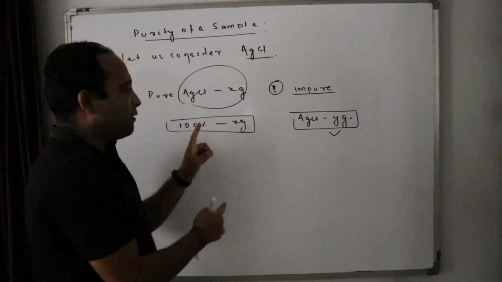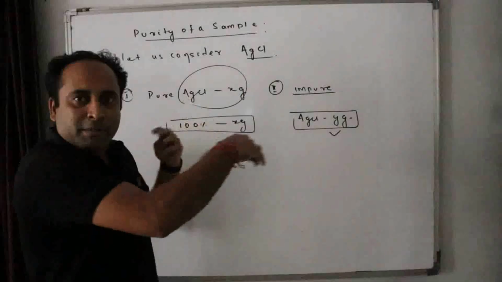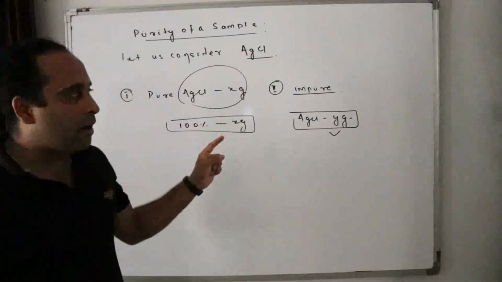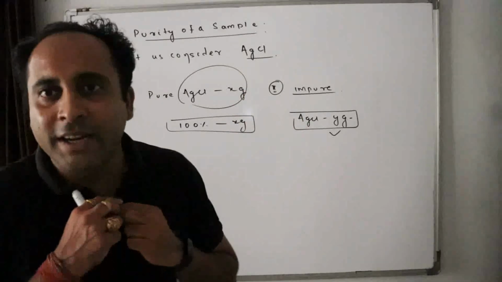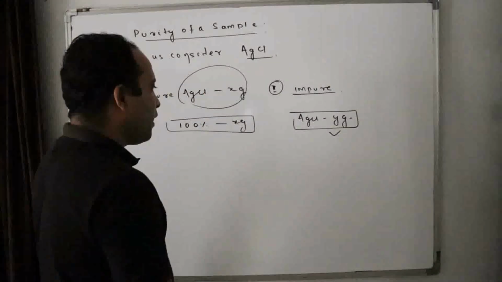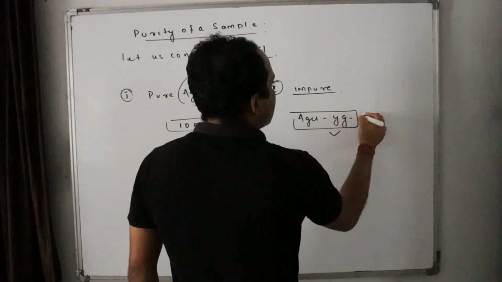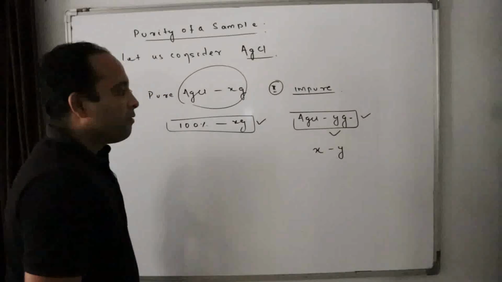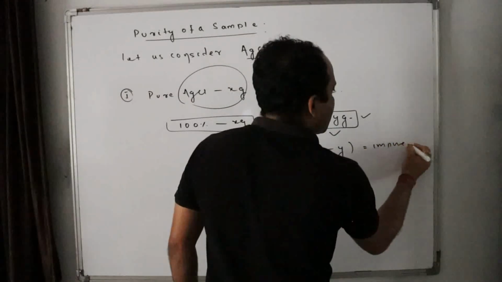If something is adulterated, mixed or added, then it becomes impure. If it is impure, 100% is x gram, AgCl in the impure sample is y gram, and x minus y is the impure part.